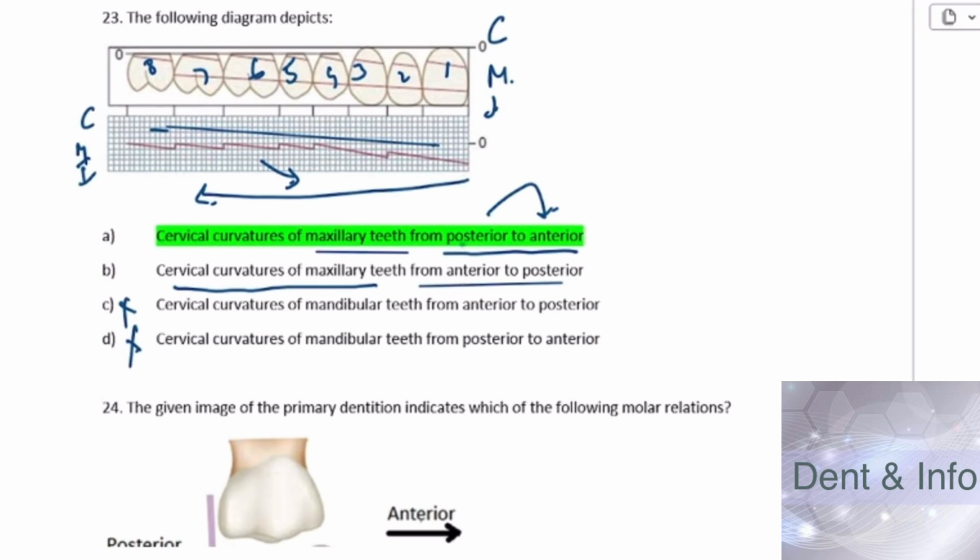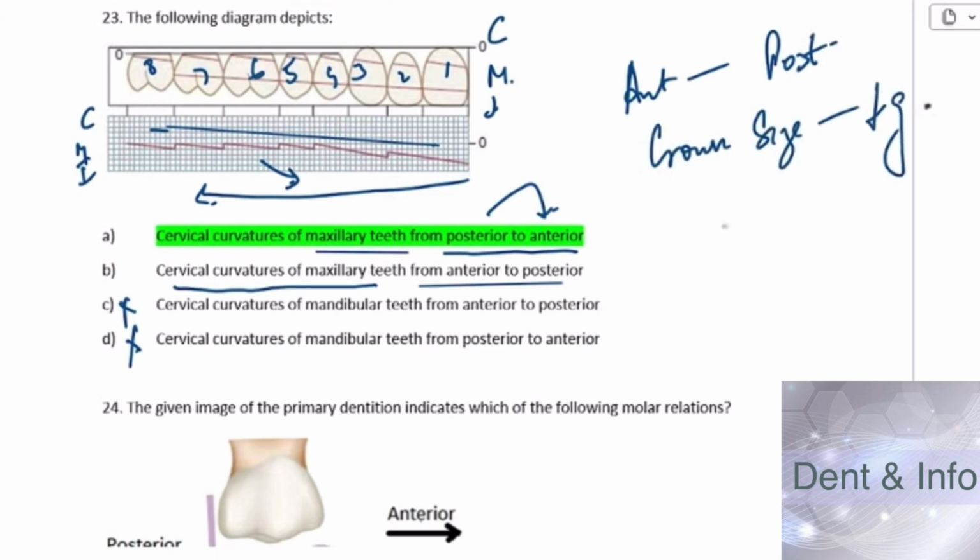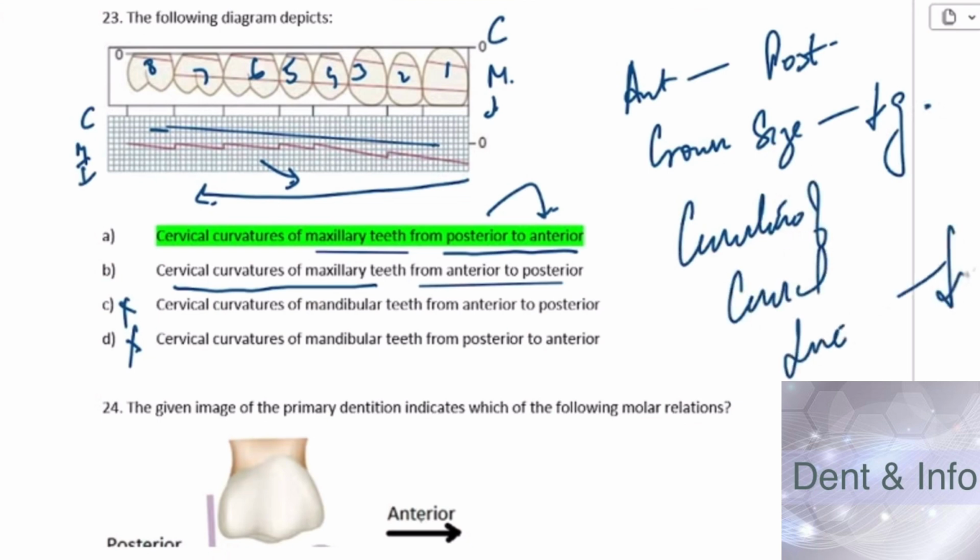Again taken from Wheelers. We know that when we move from anterior to posterior, the crown size is decreasing, so the curvature of the cervical line is decreasing. लेकिन यहाँ पर क्या हो रहा है? यहाँ पर बढ़ता जा रहा है.